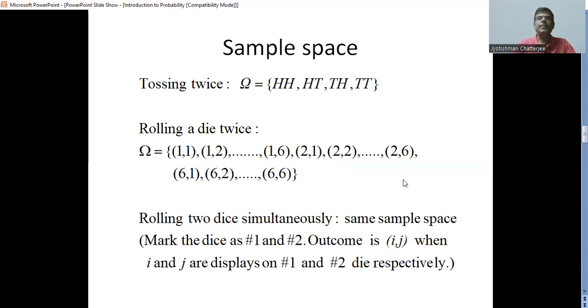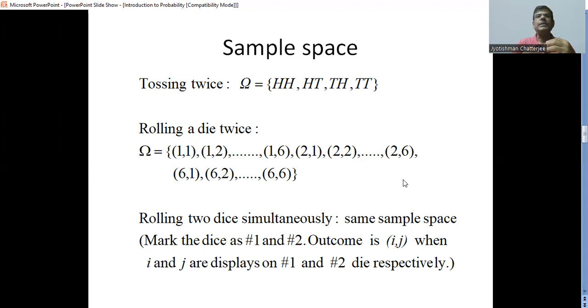Two more examples here. First one, suppose we toss a coin twice. In this case, remember, the sample space should consist of all possible outcomes. So the first thing you should keep in mind is how you represent the outcomes.